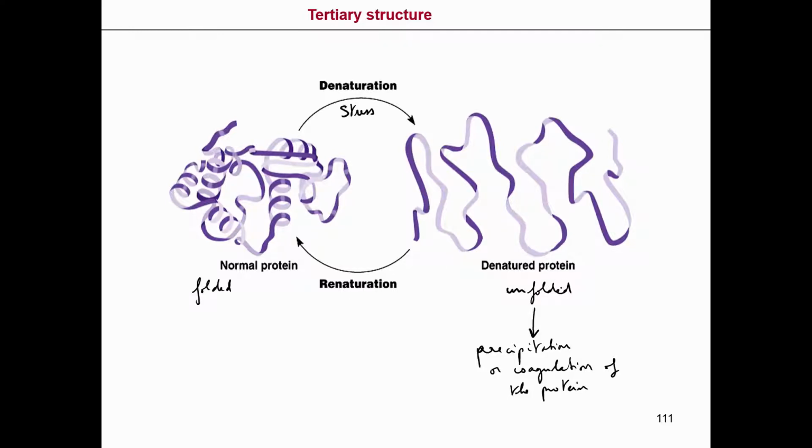It means that you will have the unfolded proteins, and when you put these unfolded proteins in their physiological condition, in the same condition, you can return to the normal protein, the folded protein state. So denaturation and renaturation can be a reversible process.